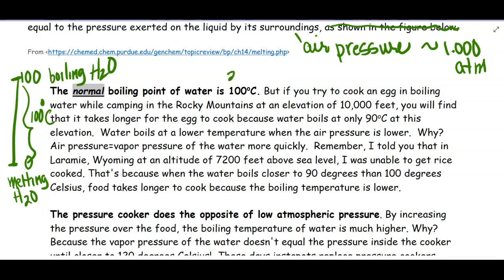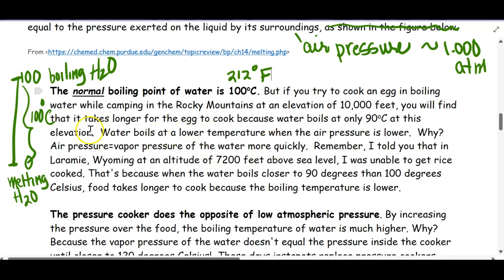In Fahrenheit, this is 212 degrees. But if you try to cook an egg in boiling water while camping in the Rocky Mountains at an elevation of 10,000 feet, you'll find it takes longer for the egg to cook because water boils at only 90 degrees C. So while you're cooking something in water, you can't get the temperature higher than 90 degrees C.